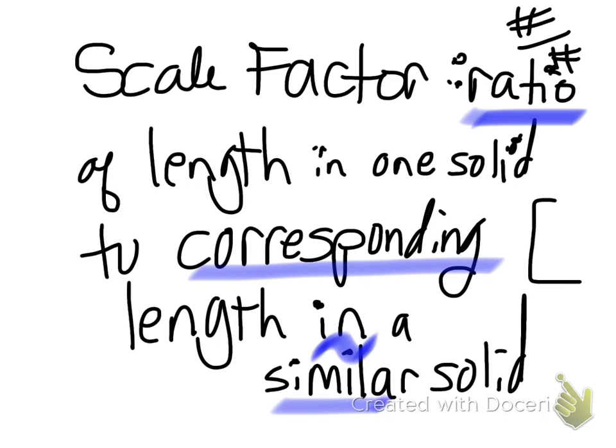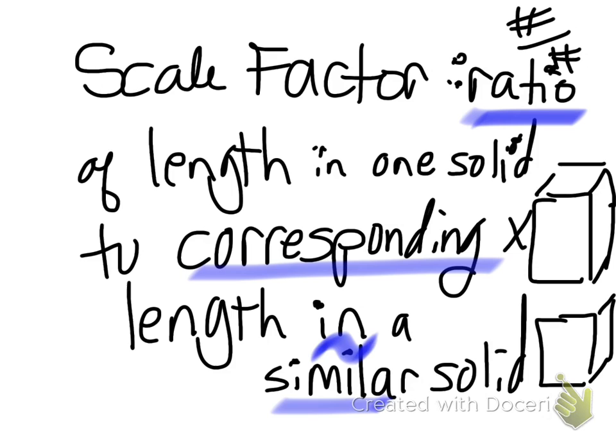So if in this solid here we're talking about the height, we need to talk in the similar shape about the height as well. Okay, so we're looking at the corresponding sides. We're not doing x to y, or x in this side to y in this side. We're doing x to x. Ratio, it's x over x or x to x. Those would be comparing the corresponding sides. Okay, right, these sides correspond with each other.